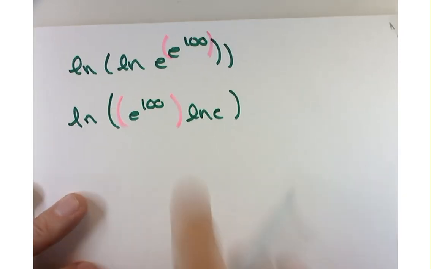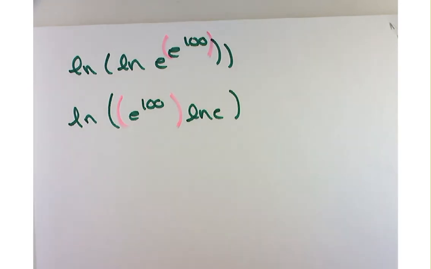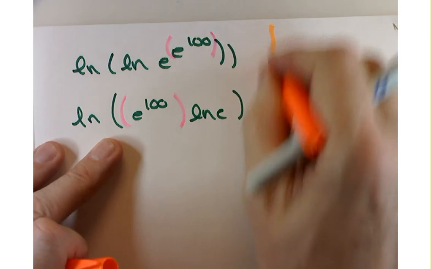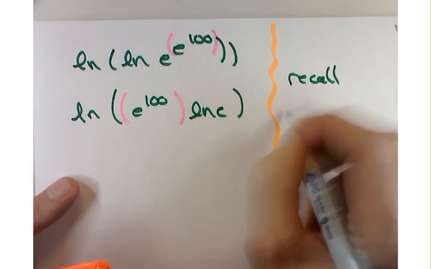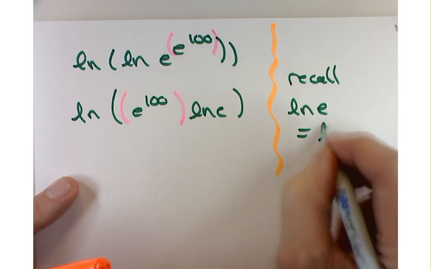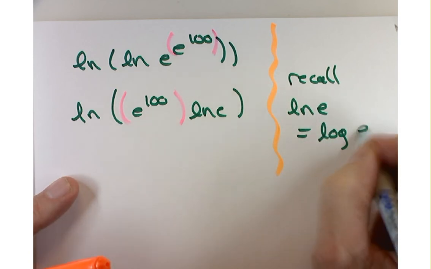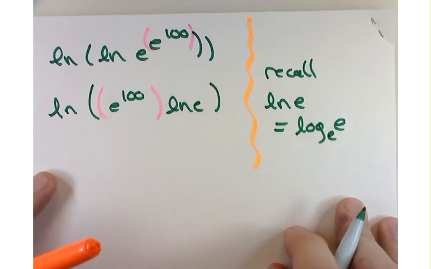Now, you're not going to see textbooks write this, but I'll write it. So recall, ln of e can be written as log of what base? Log base e of e.